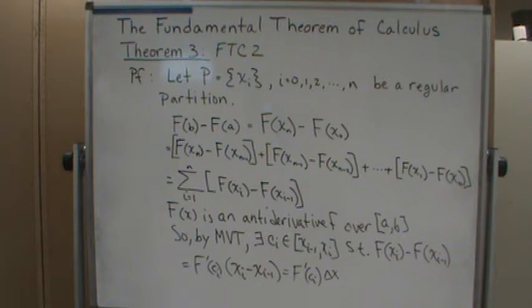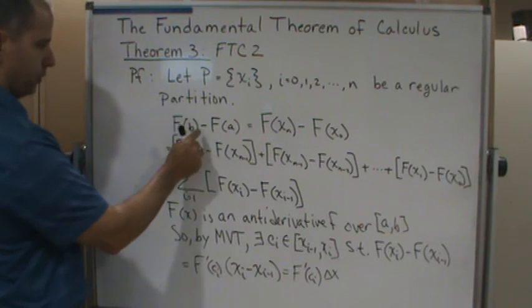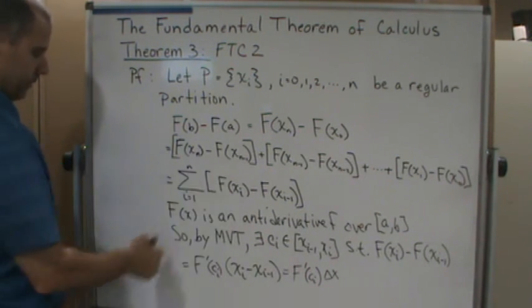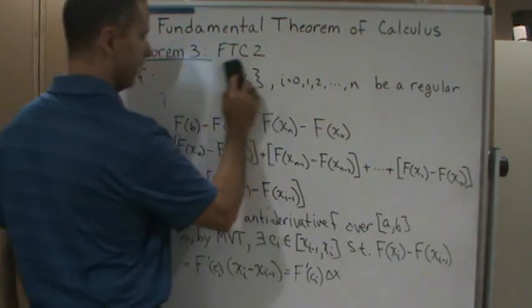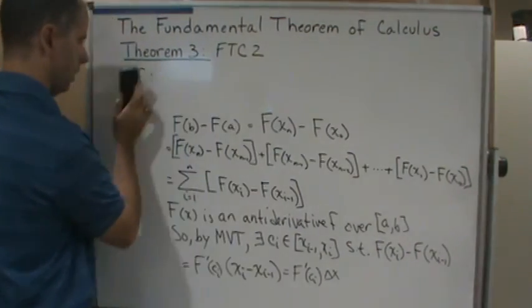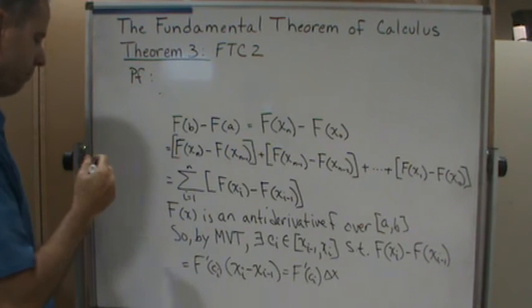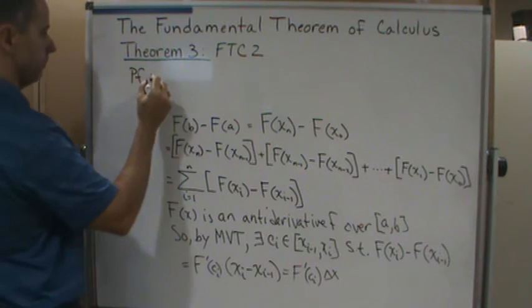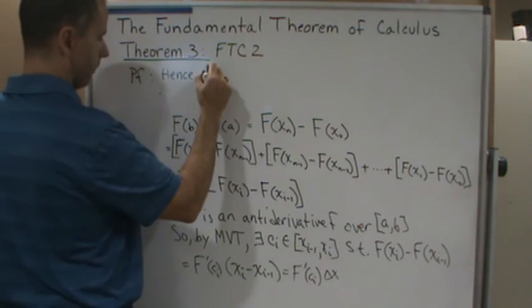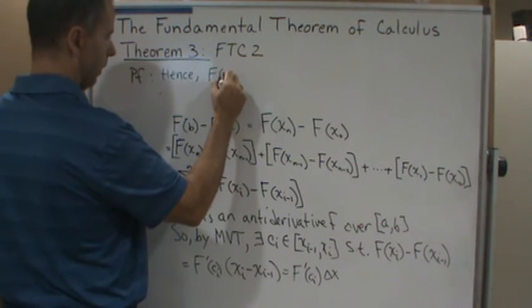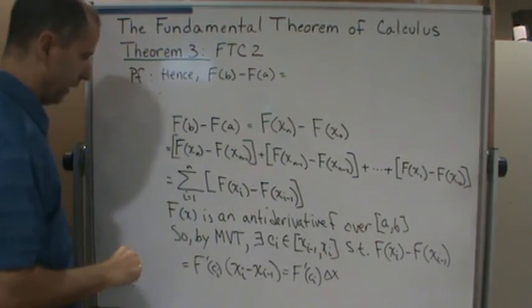And so now let's go ahead and take this and plug it back into this formula. So now, let me erase this. So now what I'm going to get is, hence, F of b minus F of a is going to equal what?